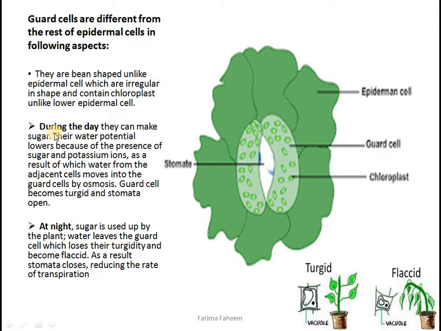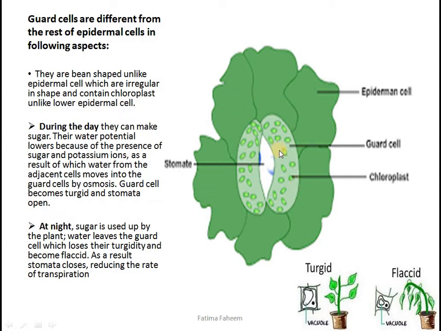So what happens during the day? During the day, the guard cells are able to conduct photosynthesis, hence they can produce sugar or glucose. When glucose is produced in them, the water potential will start to drop. Also remember, the potassium ions in the guard cells are higher in concentration compared to other epidermal cells.